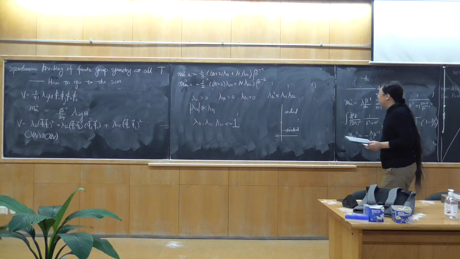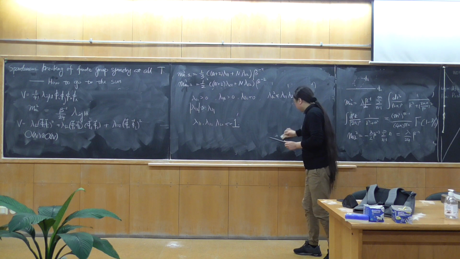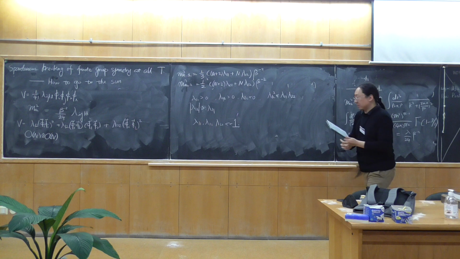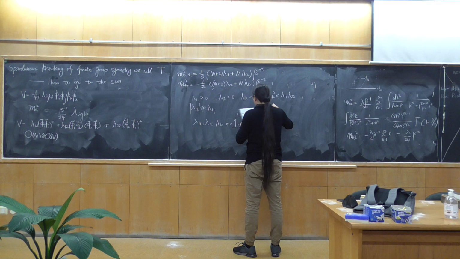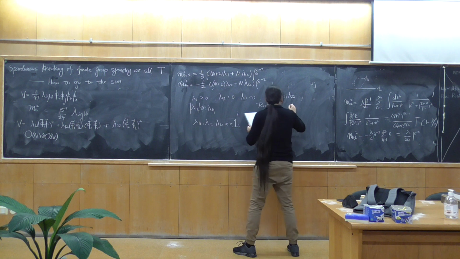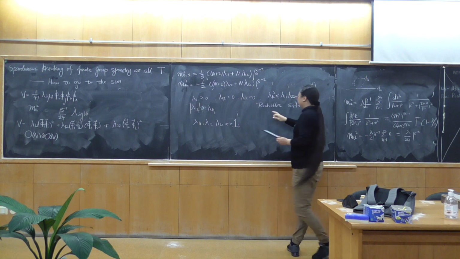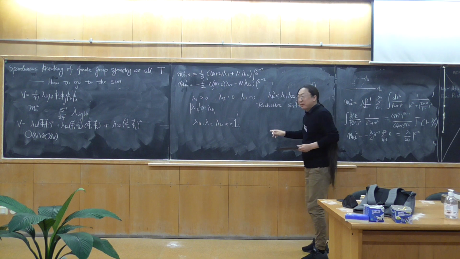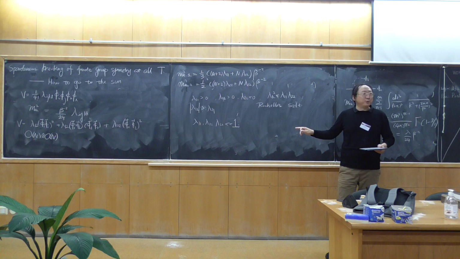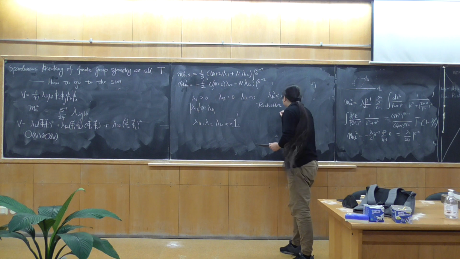But before we talk about CFT, let me mention there really is a material that does this. It's called Rochelle salt, and it's a very popular material that YouTubers make videos about.